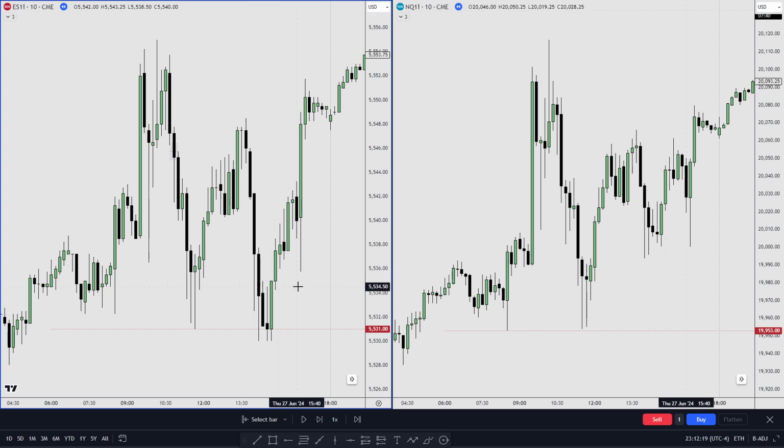Unfortunately there was no setup here. I mean no setup in terms of my model. Okay, yeah, I can't see any.